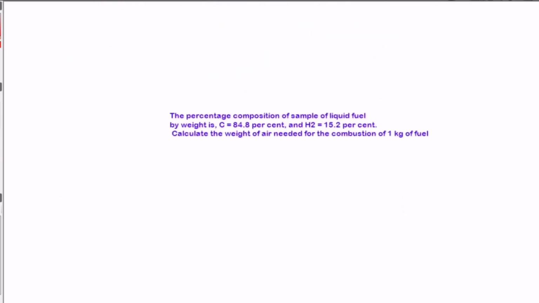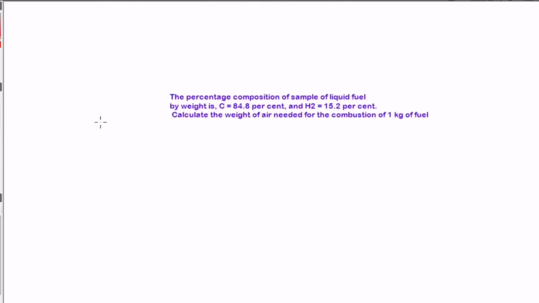For the second question, they're asking us that the percentage composition of a sample of liquid fuel by weight is carbon 84.8% and hydrogen. So let's put the solution. Let's bring out the data. Carbon is 84.8%, which is also 0.848.